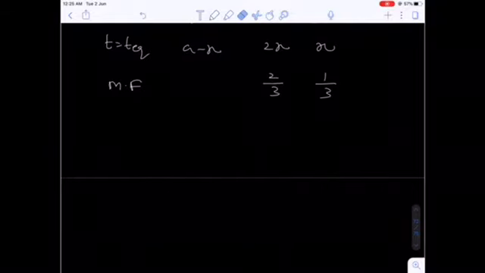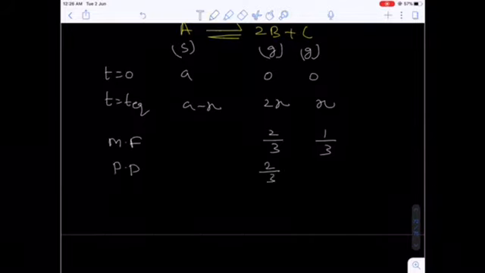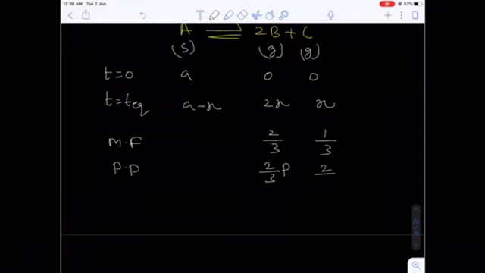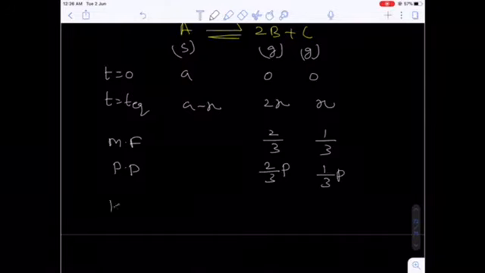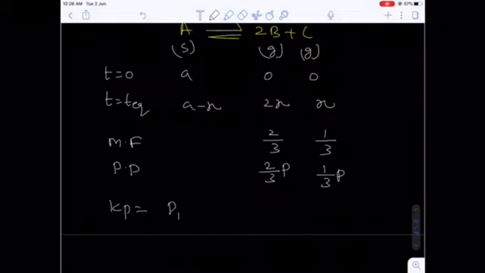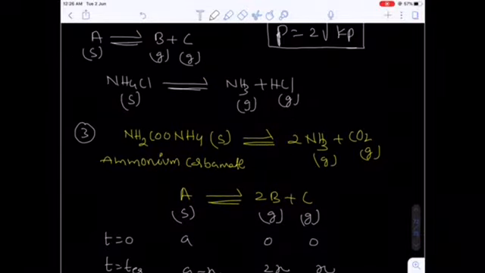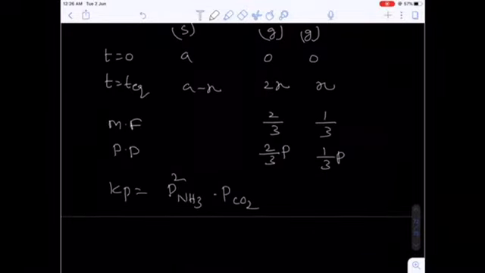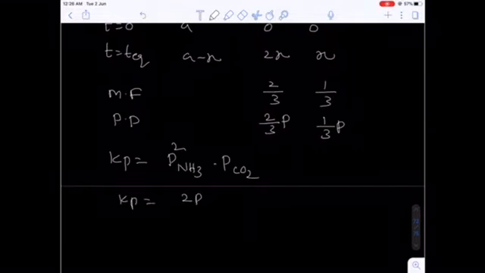Now here, what is the partial pressure? Partial pressure is equal to total pressure P into mole fraction. From this, what is the expression for Kp? Partial pressure of ammonia whole square, partial pressure of carbon dioxide, because the ammonia stoichiometry will be 2 and the CO2 stoichiometry will be 1.